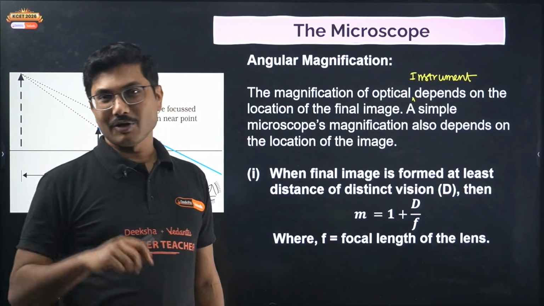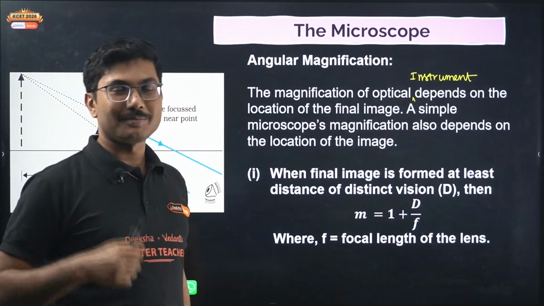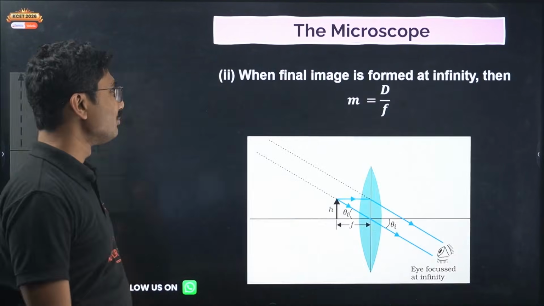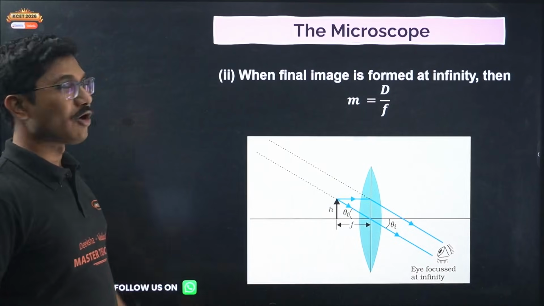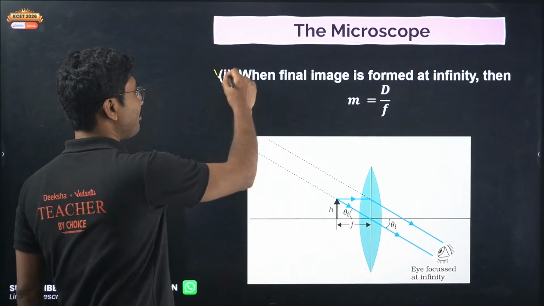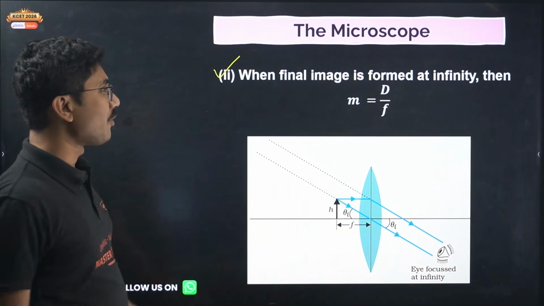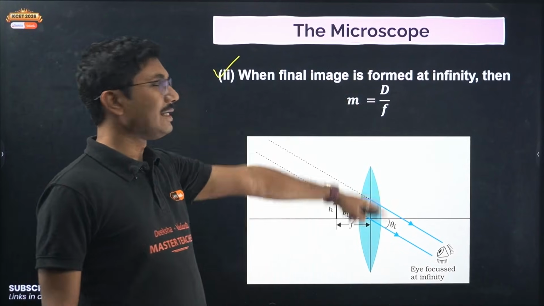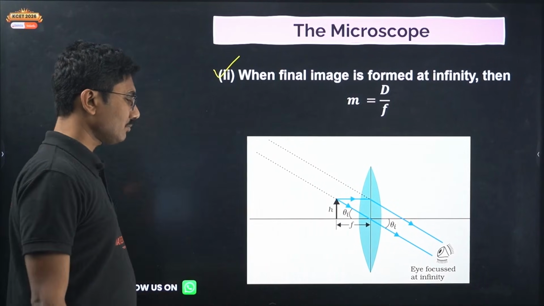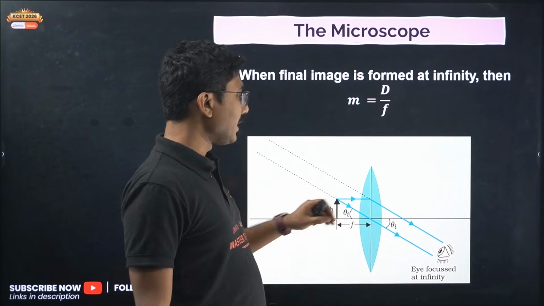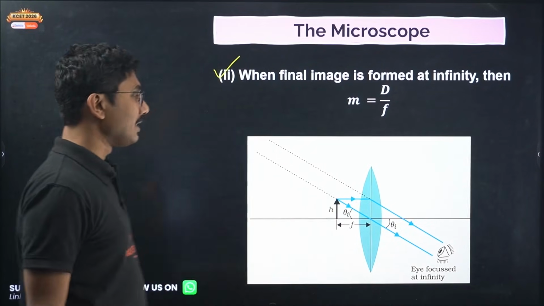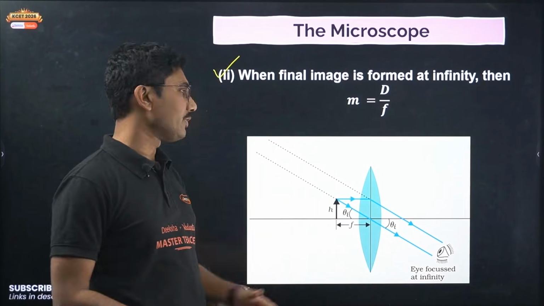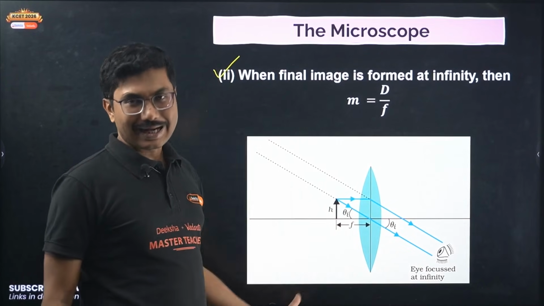And the spyglass of Sherlock Holmes is also a microscope. Now let's move on. When the final image is formed at infinity, this formula is most important: the magnification is given by capital D divided by f. So the final image is at infinity, and the object is located exactly at the focal length.